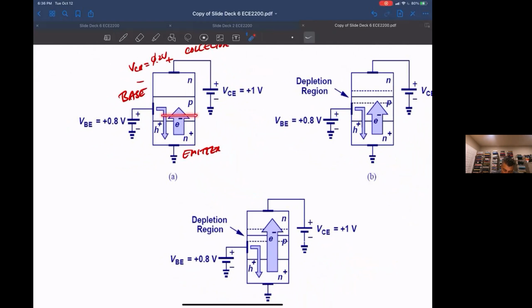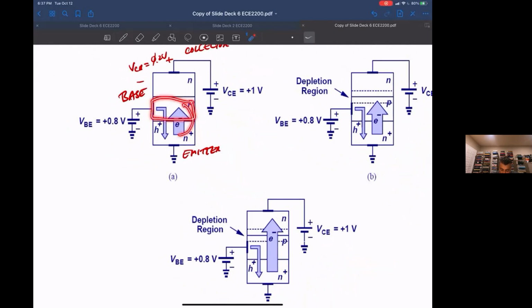Okay, so now this is forward biased. If this junction is forward biased, what happens? Well, you're taking away from this depletion region, and you're allowing diffusion current to flow, basically electrons flowing from a place of high electron concentration, which is the emitter, to a place of low electron concentration, which is the base region.